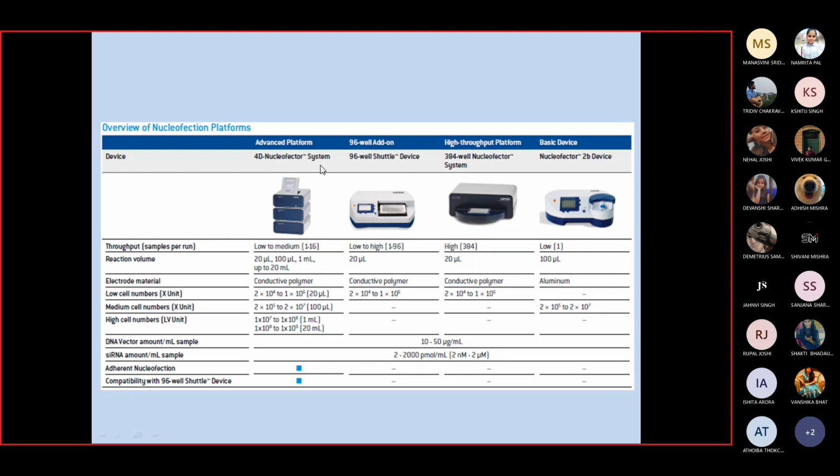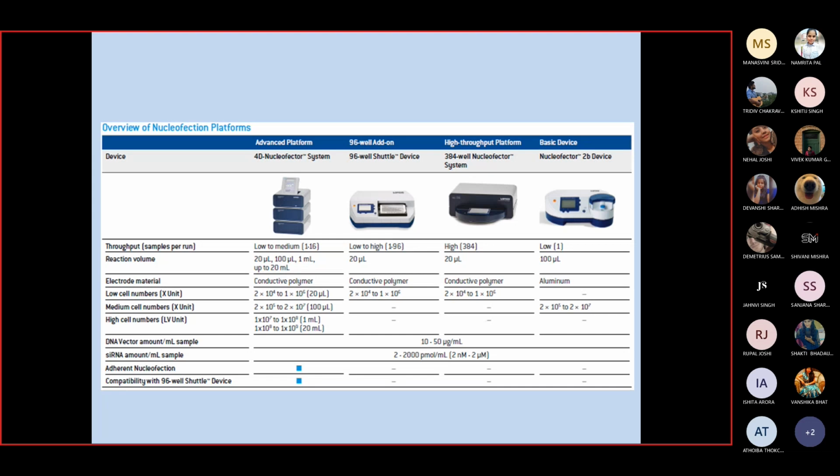So in this case, it shows how many cells can be transfected. The cuvettes for nucleofection are also kind of special. Cuvettes have the ability to conduct very high voltages.